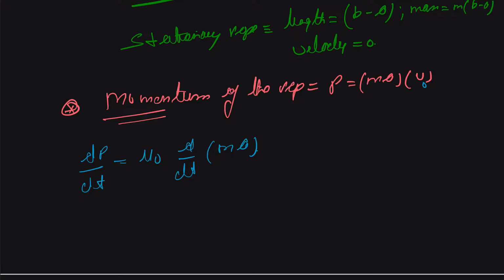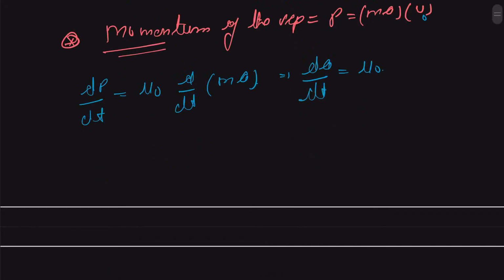Therefore, we can say that dA/dt will be giving us its velocity. So we get that dP by dt will be equal to m u0 square. So this is the rate of change of momentum.